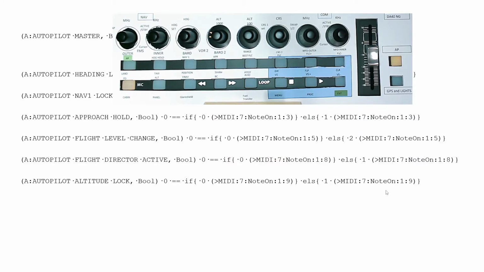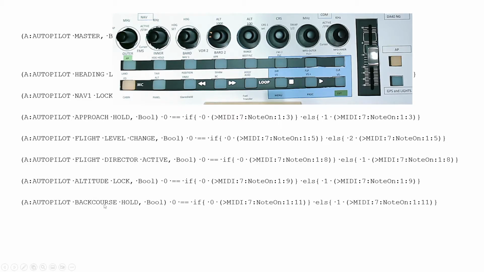Okay, so the next one along is are we in back course mode, and if it's a 0, send a 0. If not, send a 1 to it. So that's bulb number 8, 9, 10, 11, the back course.